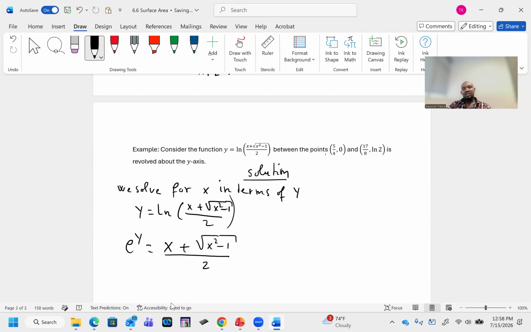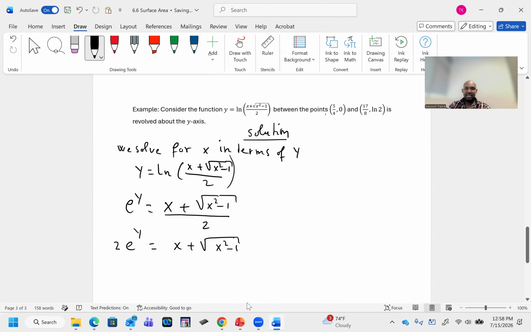So which means 2e to the power of y will be equal to x plus square root of x squared minus 1, right? So I'm going to get rid of my square root. So in that case, this is 2e to the power of y, so we minus x both sides. So I know 2e to the power of y minus x will be equal to square root of x squared minus 1.